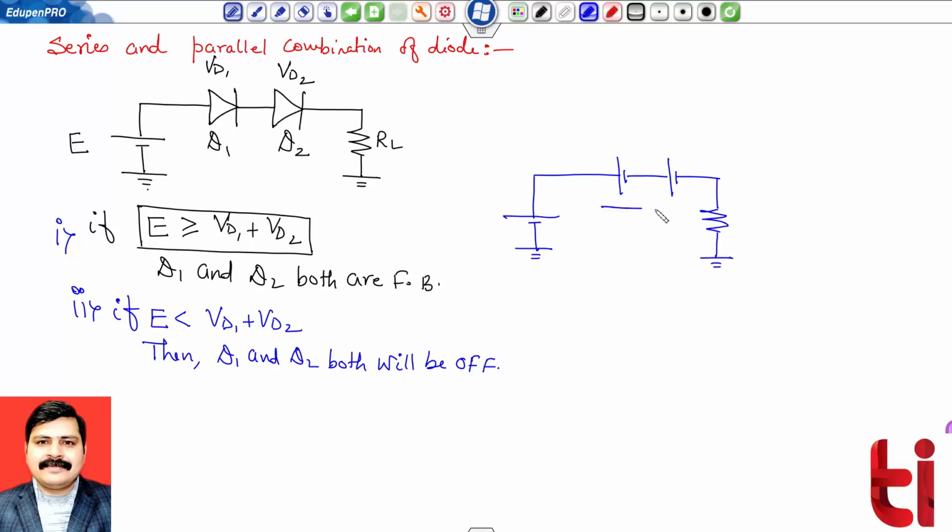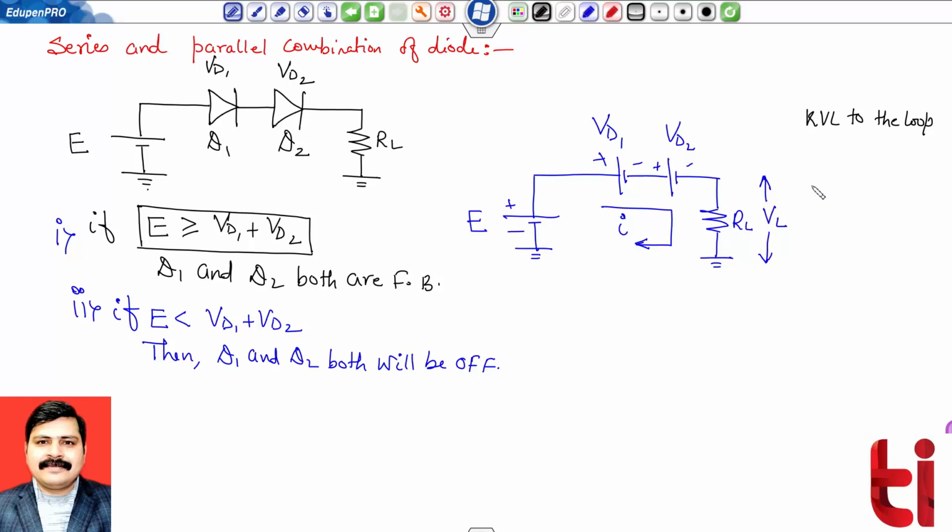If I am interested in finding the current flowing through this particular loop, this is my E, this is my VD1, this is my VD2, and this is my RL. And suppose I am also interested in finding VL, the voltage across this load. So I can apply KVL to the loop.